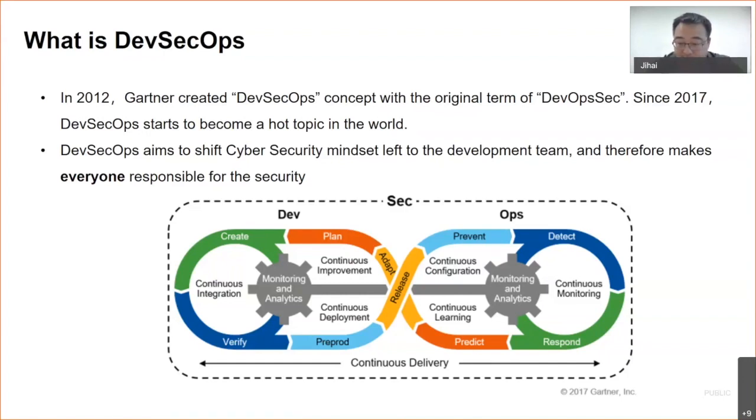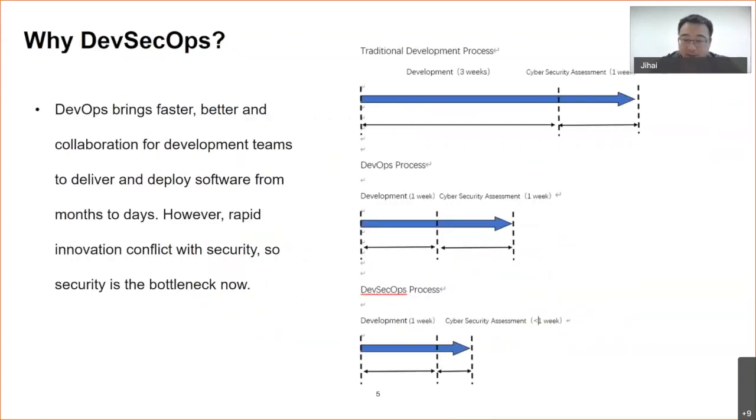Okay, so people will probably ask why we need DevSecOps, because it's DevOps plus cybersecurity. Normally, when people are doing DevOps, they try to make the whole process faster and with better quality. This is the objective of DevOps.